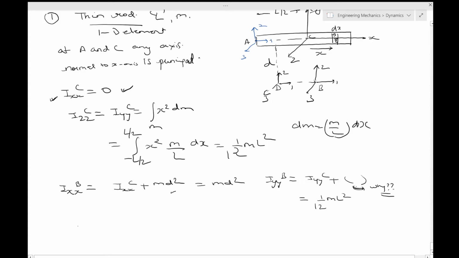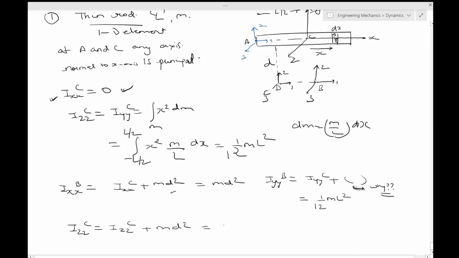Okay, and similarly Izz of B will be equal to Izz of C plus md square. Now this is again the distance of this point from the x3 axis, okay. So that would be equal to this term.